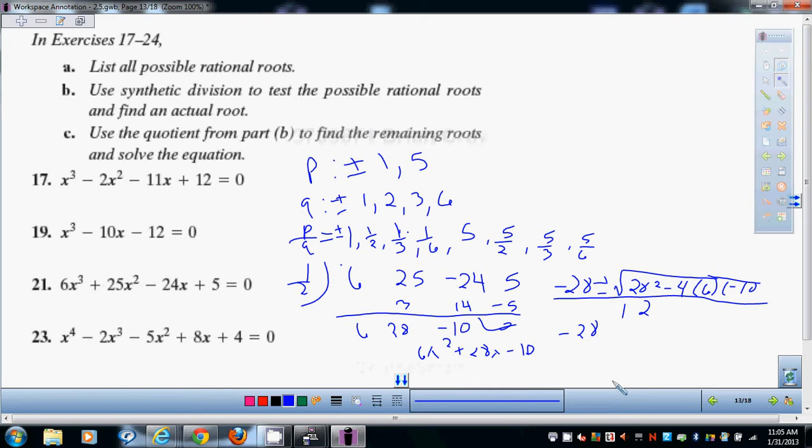Wow. Square root of 544. Alright, what's the square root of 544? Shouldn't it be plus? 784 plus that? Ah, good point. So it'd be 1024.